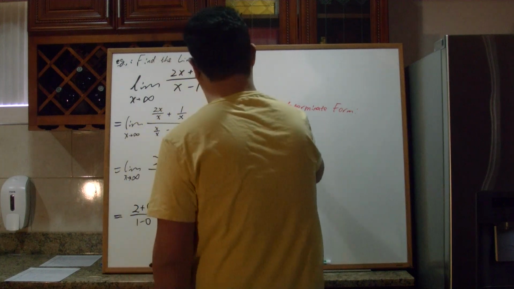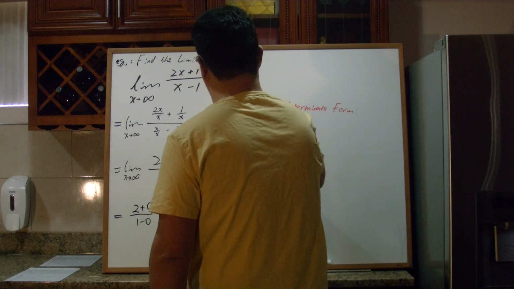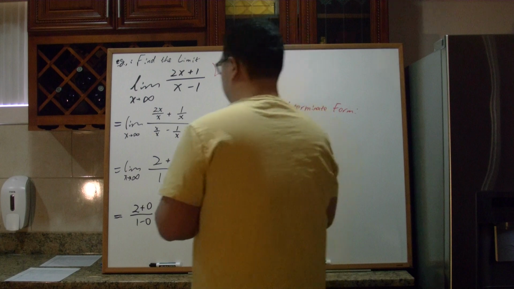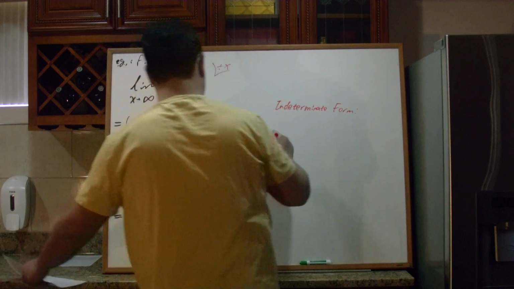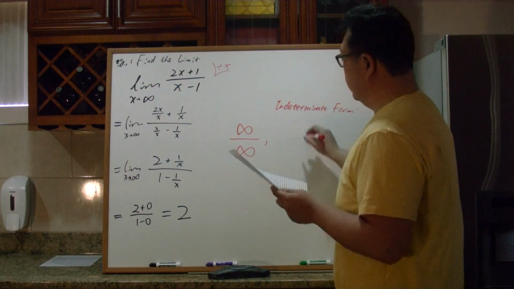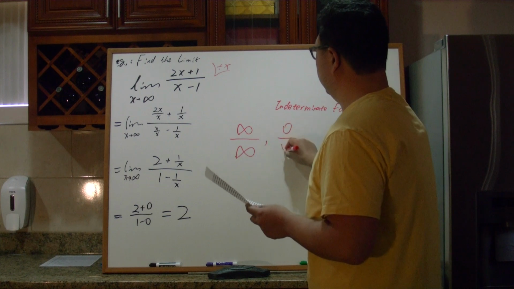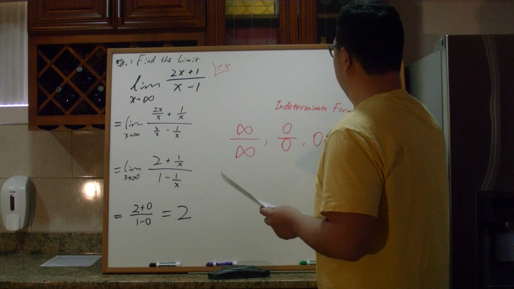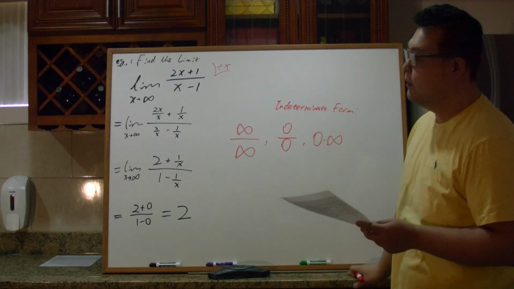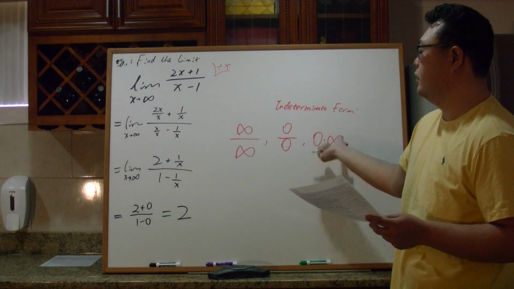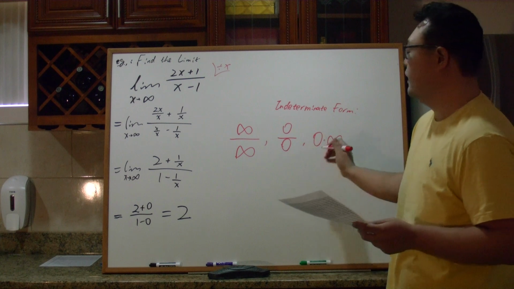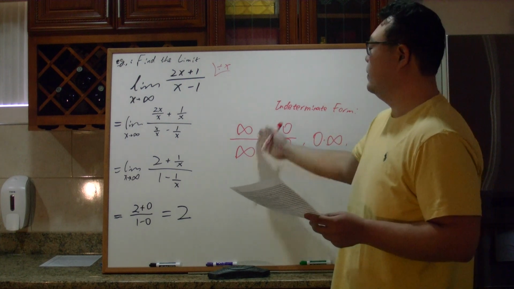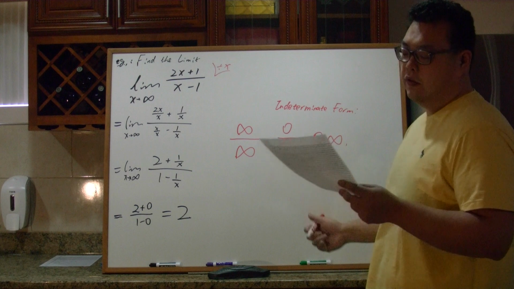The first form we see here is infinity over infinity. There the form could be 0 over 0, could be 0 times infinity. If you flip one to the denominator, that will be either 0 over 0 or infinity over infinity. Or if you flip those things up, that will give the form 0 times infinity.